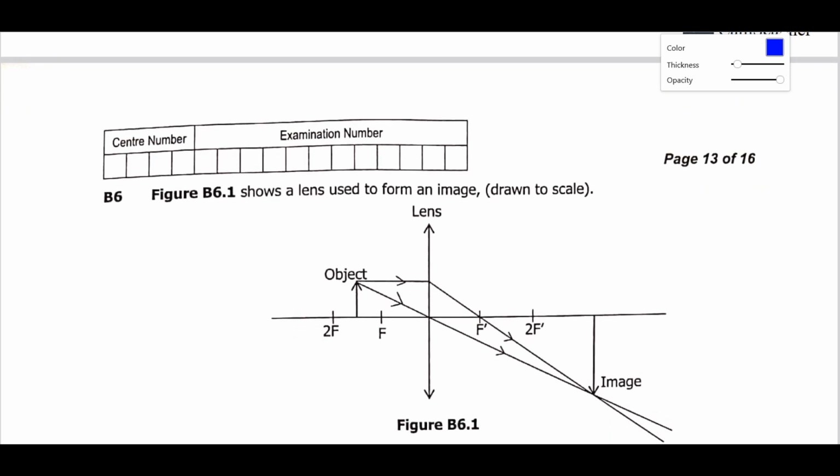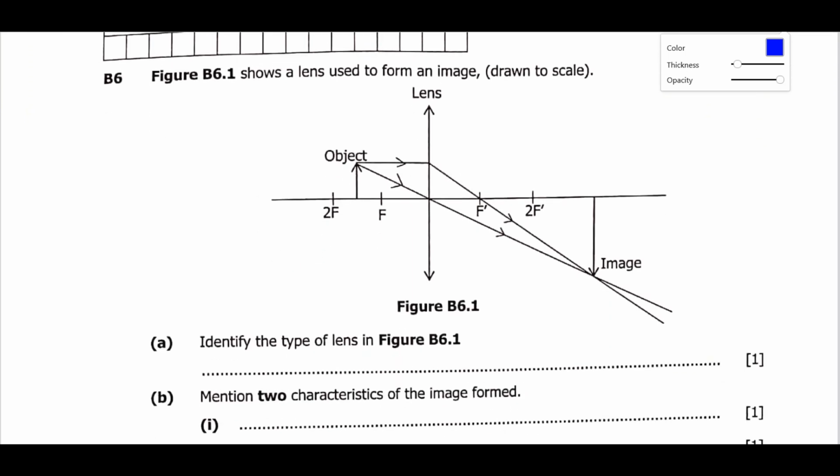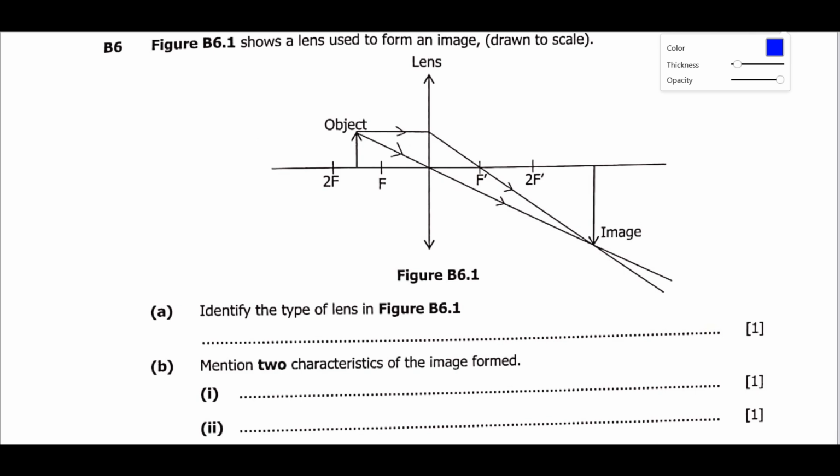Okay, we go to question number 6. Figure B6.1 shows a lens used to form an image drawn to scale. Identify the type of lens in figure B6.1. To identify a type of lens, you need to look at what happens to light after passing through it. If you look at this ray of light, it bends here so that it can meet with this one.